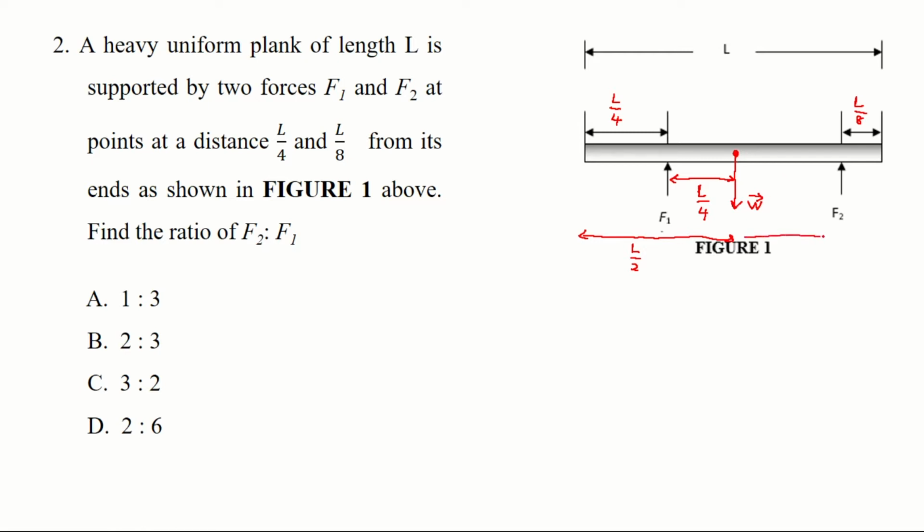And from the other end to the weight is also L per 2, half L. So the distance from the weight to F2 equals 3L per 8, because 3L per 8 plus L per 8 gives L per 2.